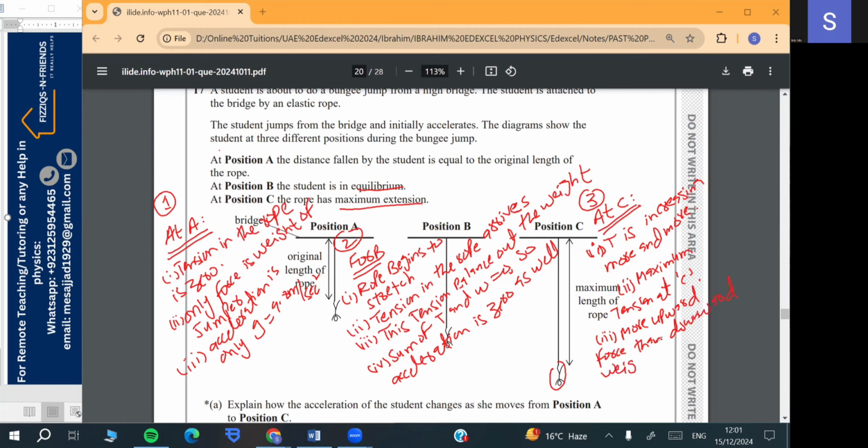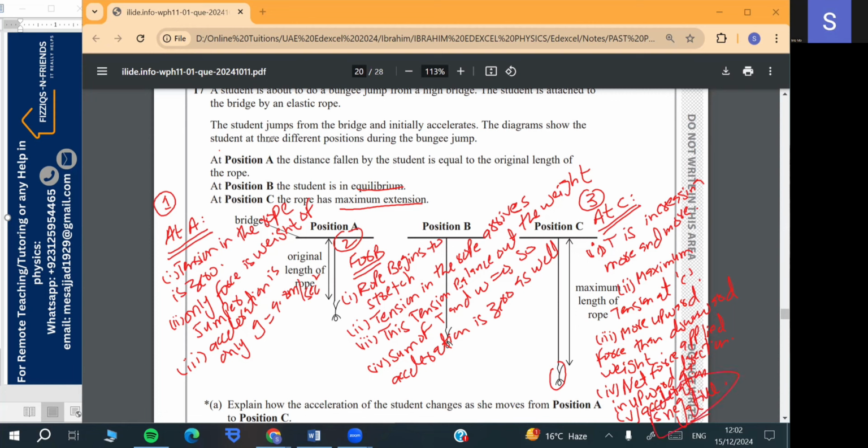So when you have net total force applied in upward direction rather than downward, then what should your acceleration be? Your acceleration should be negative. Okay, this is the answer.